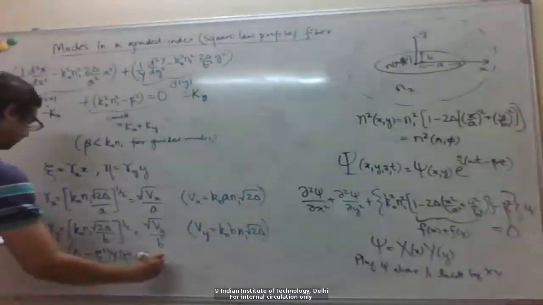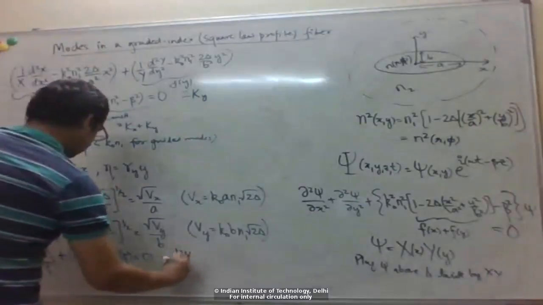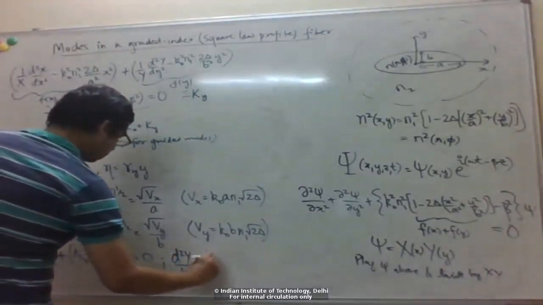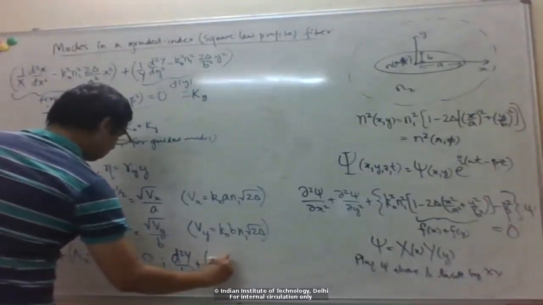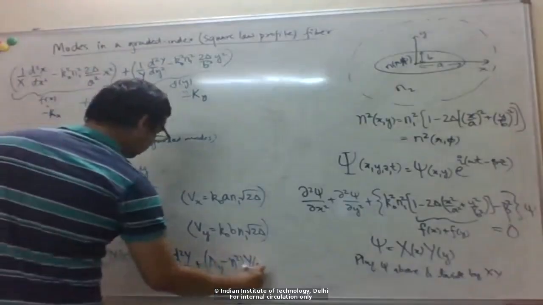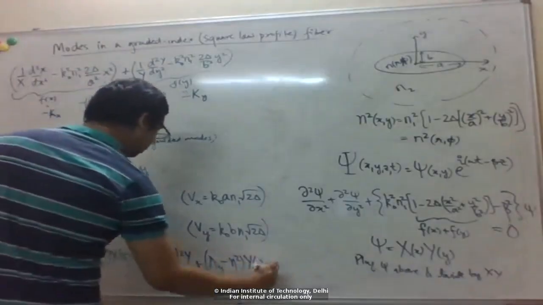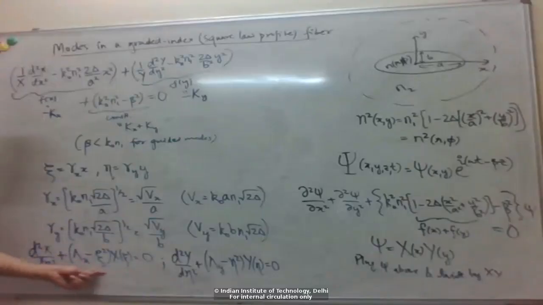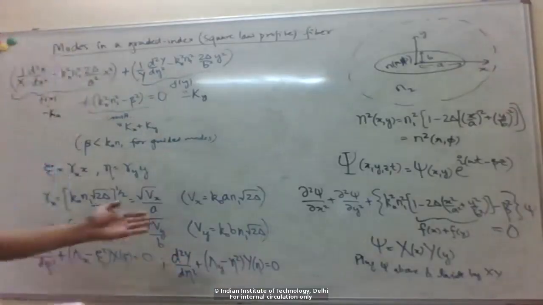Right, so this is for x and similarly for y. Okay, so we end up with the same equation that we had for a gradient index slab. Right, so this is the same equation. Instead, now we have two equations for the 2 dimensions.